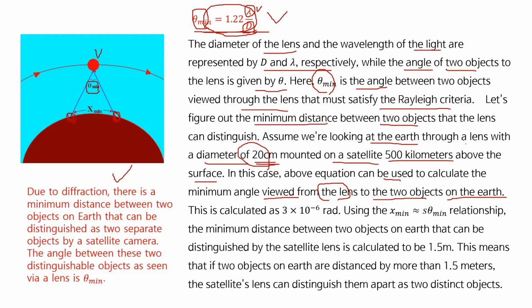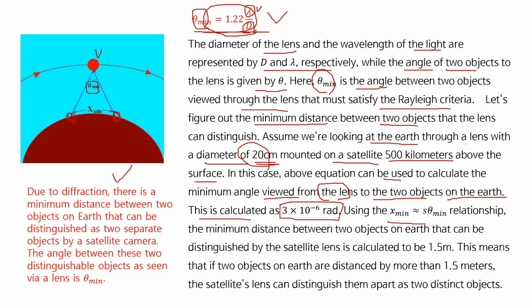The average wavelength of visible light is 550 nanometers. So we can use that number here, then we can obtain theta minimum of 3.1 times 10 to the minus 6 radian.